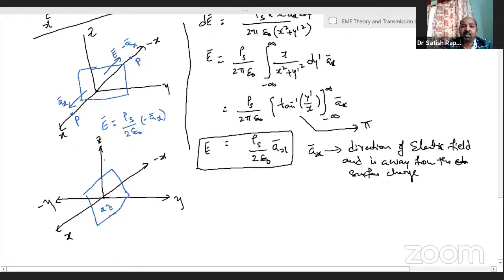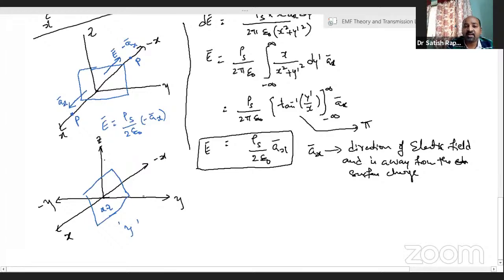What is the direction of electric field? The direction of electric field is y, because the y-axis is normal to xz.